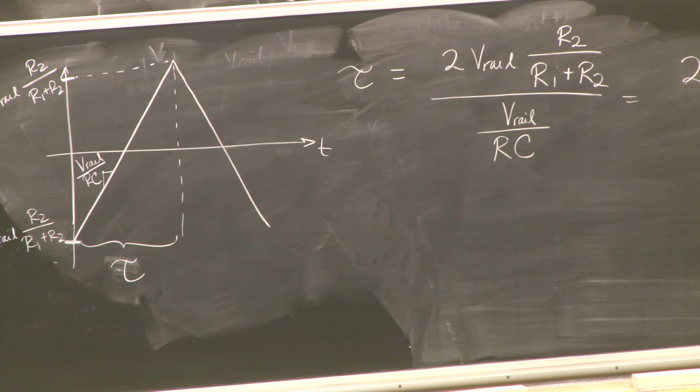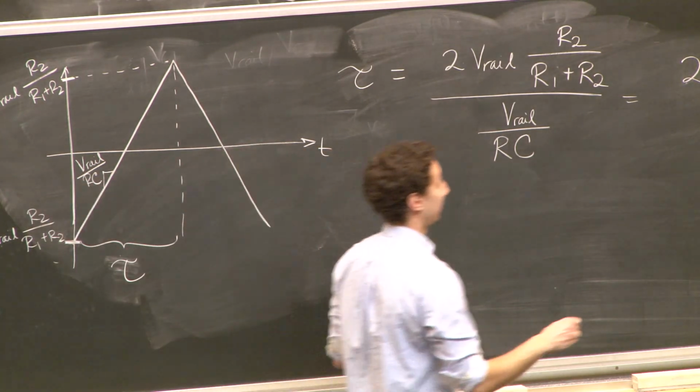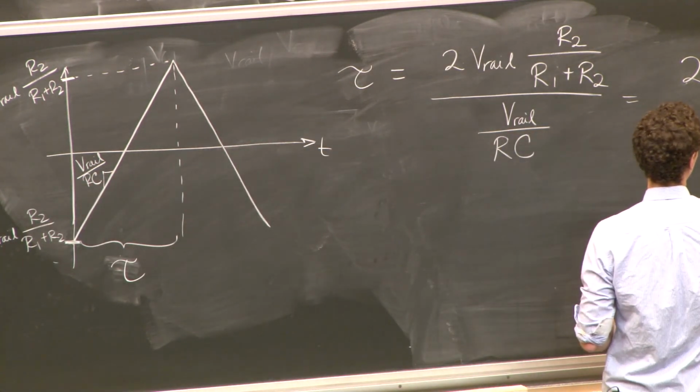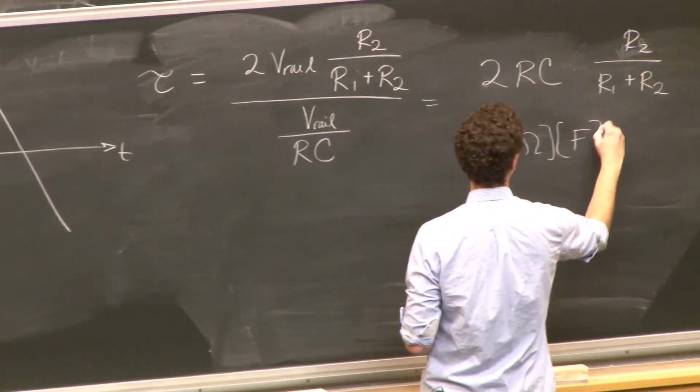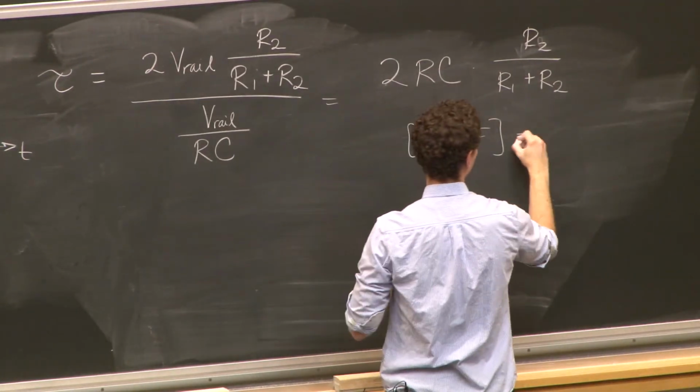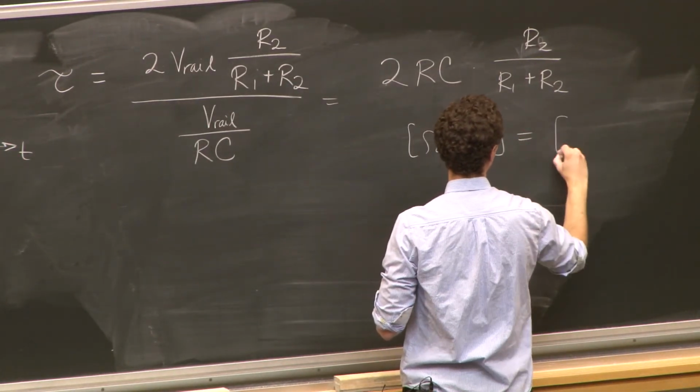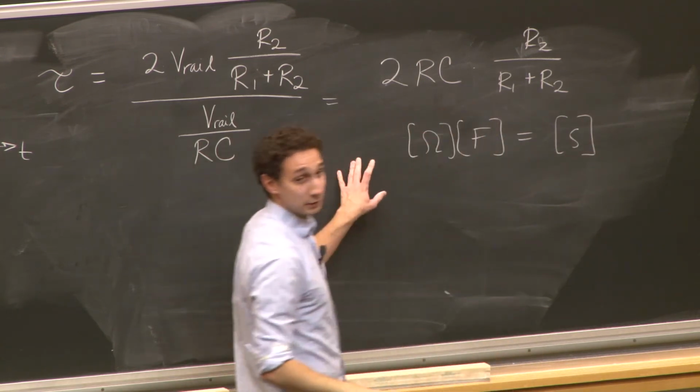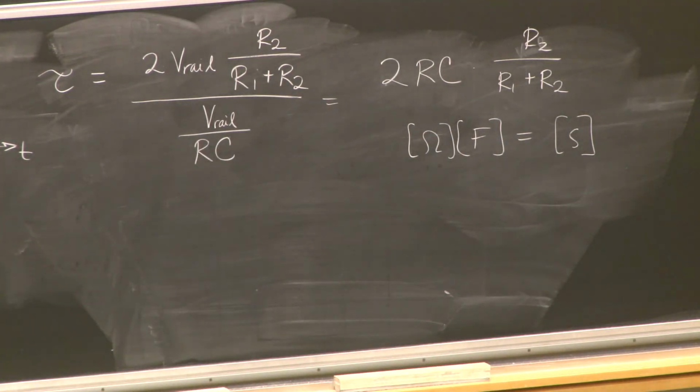And what am I left with? R and C, right? It turns out that resistance times capacitance actually has units of time. So ohms times farads turns into time, seconds. And the units actually work out.